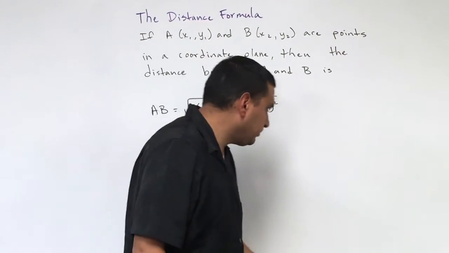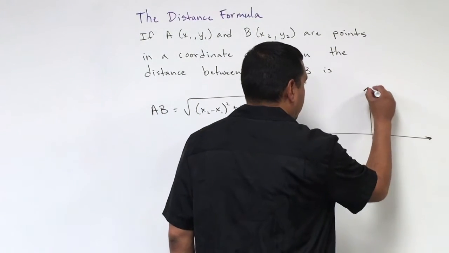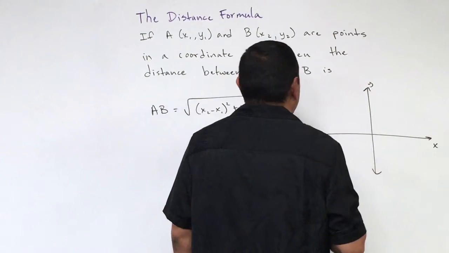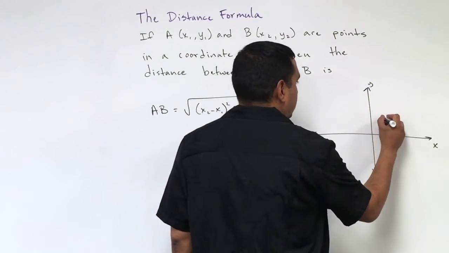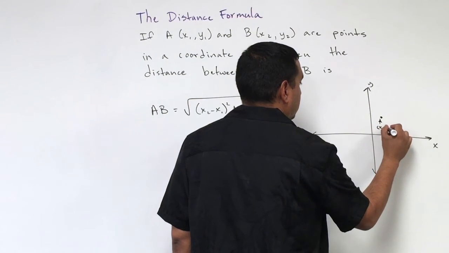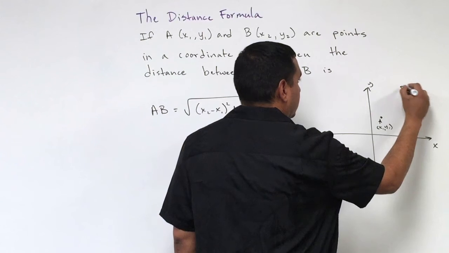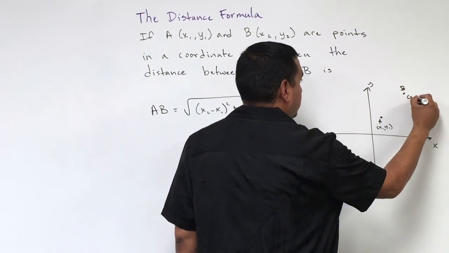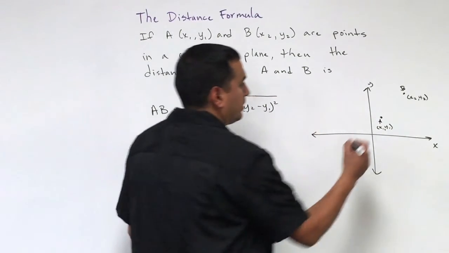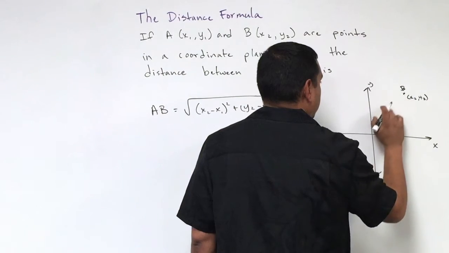This formula comes from simply looking at a coordinate plane where you have x and y axis. You pick a place for A, and you would say that location is at x1, y1. Then you have some point somewhere up here, and we'll call this one B. The coordinates of B would be x2, y2, just some numbers there. You want to calculate the length between these two.